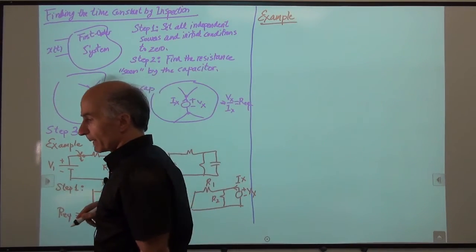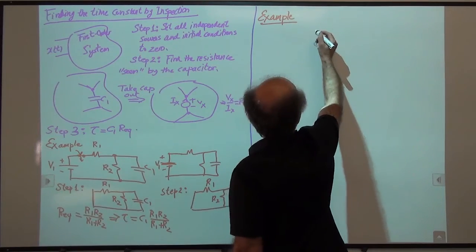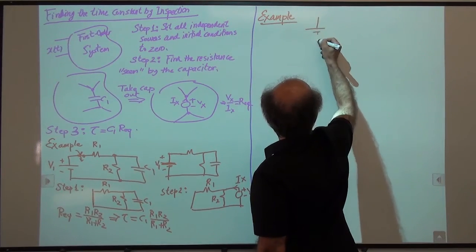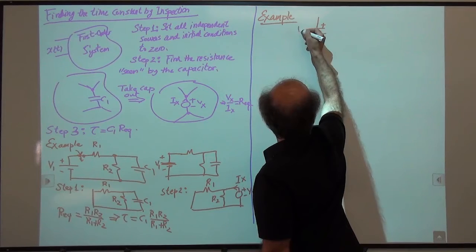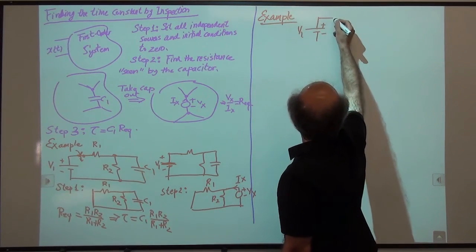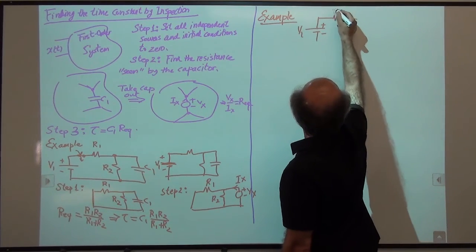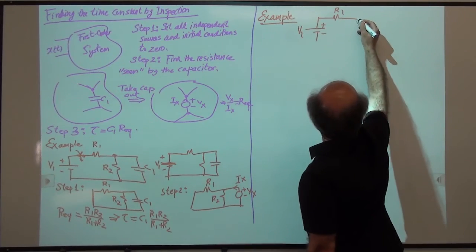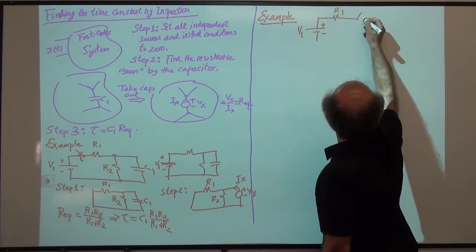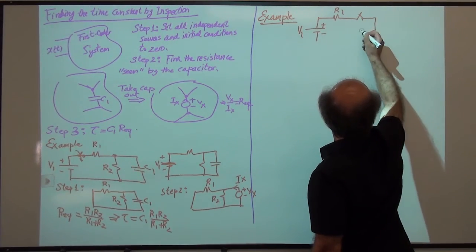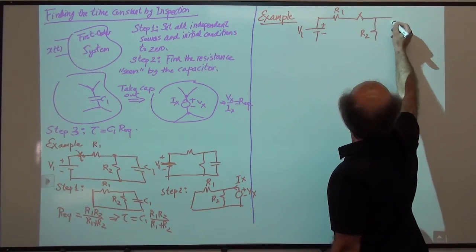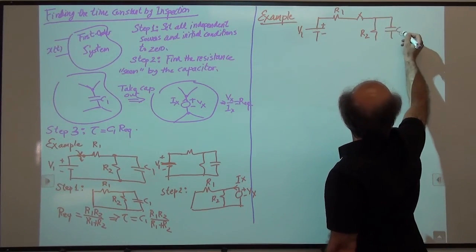Okay, so let's take a very similar circuit with a slight twist. So I have a resistor here, R1, and then I have a switch here. And then I have R2 and C1.